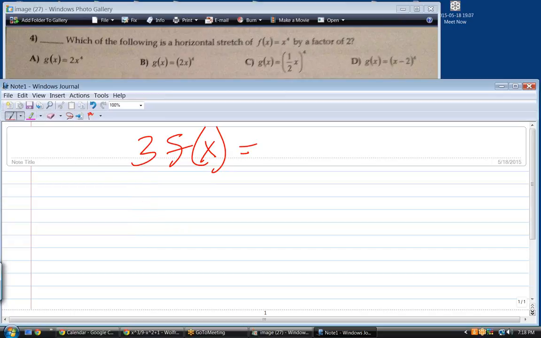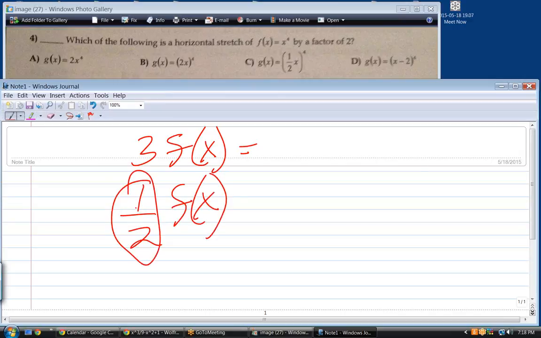If I get 1/2 of f of x, in other words, anytime you put a number in front of the function, it's always a vertical thing. The only difference between these two is this is a vertical stretch, this is a vertical compression. So we have vertical stretch, vertical compression. Vertical stretch, this number is greater than 1. Vertical compression, this number is less than 1.